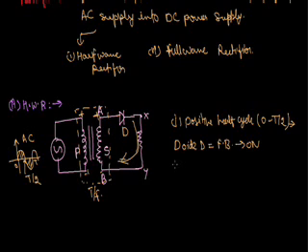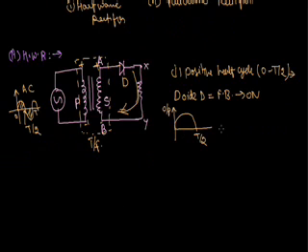Now we will get the positive cycle here, from 0 to T by 2. Now VXY will be VAB.